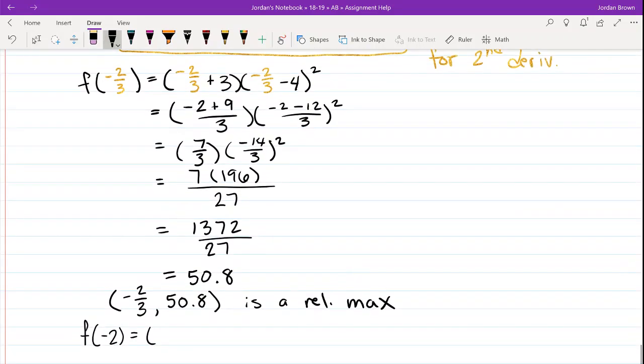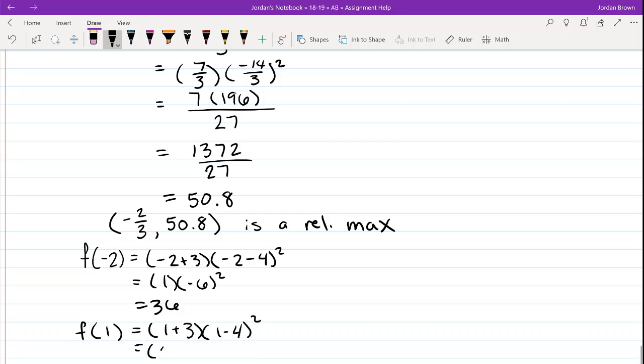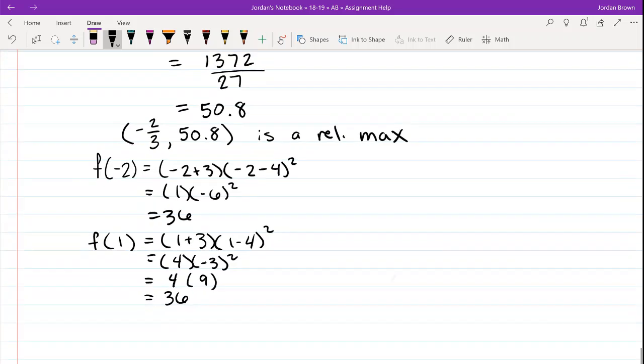So f of negative 2 is negative 2 plus 3, negative 2 minus 4 squared. These are numbers I feel like I can work with. 1 and negative 6 squared, so 36. f of 1 is 1 plus 3 and 1 minus 4 squared. 4 and negative 3 squared is 4 and 9, which is also 36.